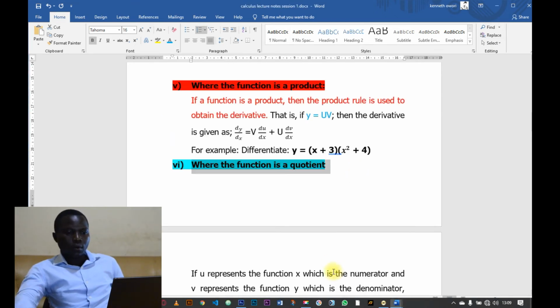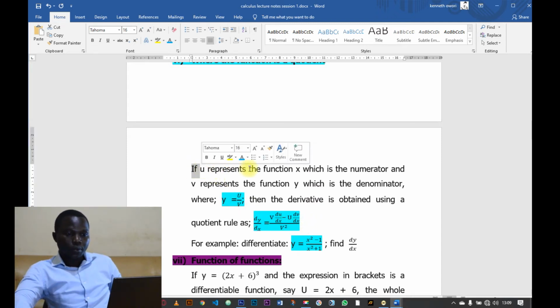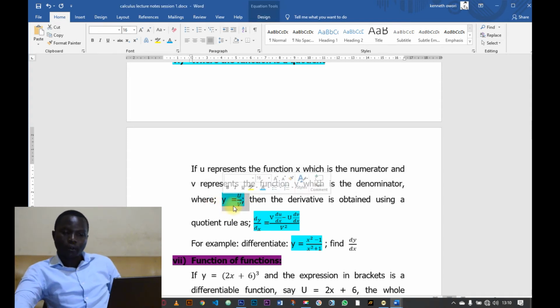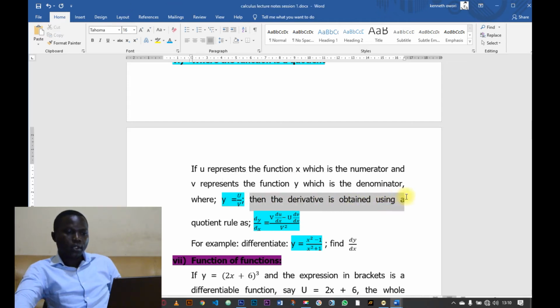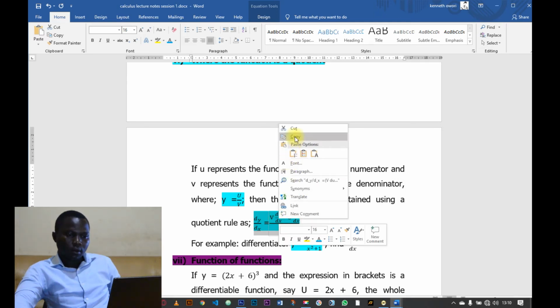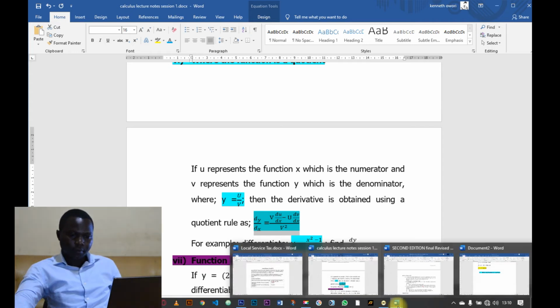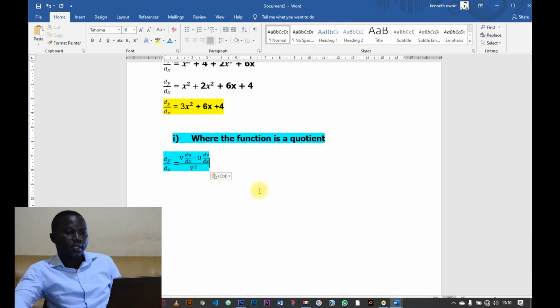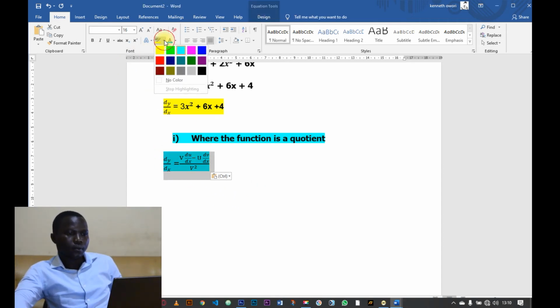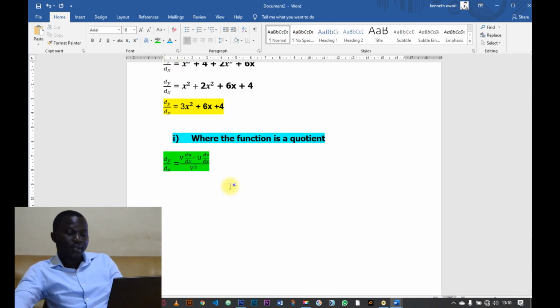So here we are told that if u represents a function of x, which is the numerator, and v represents a function of x, which is the denominator, where y equals u over v, then the derivative is obtained using the quotient rule, which is stated as follows. dy/dx is equal to v du/dx minus, this time a minus, u dv/dx, all over v squared.